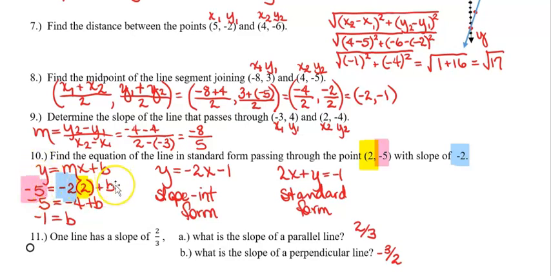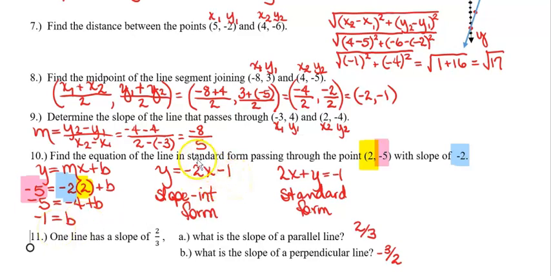And then the only unknown is our y-intercept, so we can solve for it. So we've got -4, add 4 to both sides, we'll have -1 is equal to our y-intercept. So now if we want to write our equation in y equals mx plus b form, slope-intercept form, then we're going to say y equals, and again our slope was given, it was -2, and then we just solved to figure out that our b, our y-intercept, was -1.